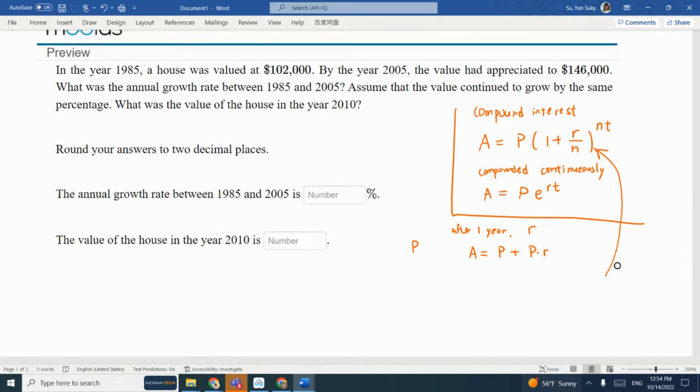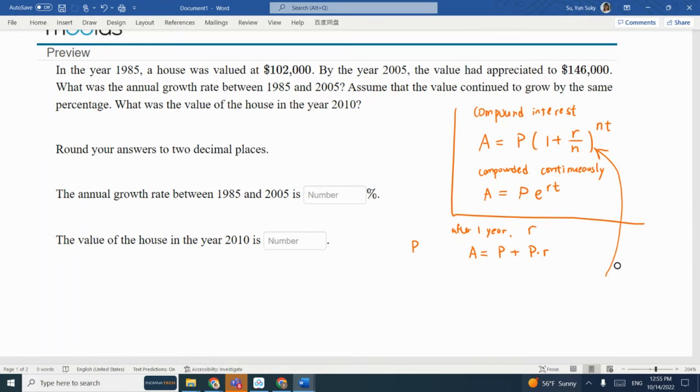For example, if you put $1,000 in your bank, and we only compound once per year, and the annual interest rate is 5%, then $1,000 times 5% is $50. So those $50 are your interest, right, everybody?